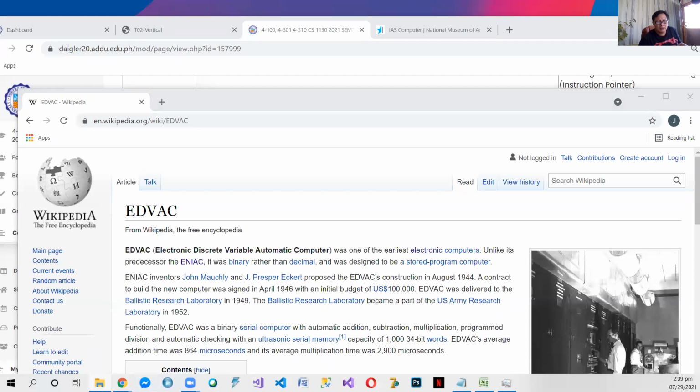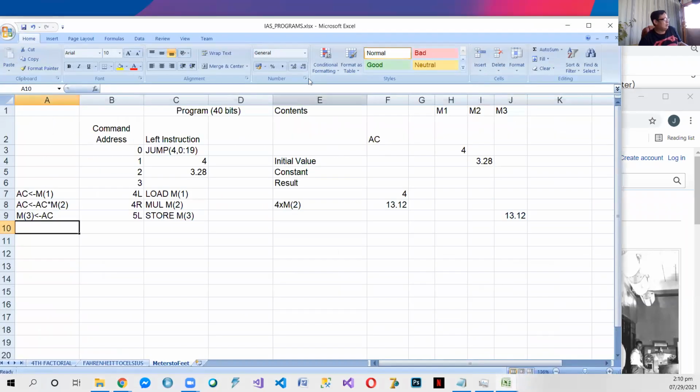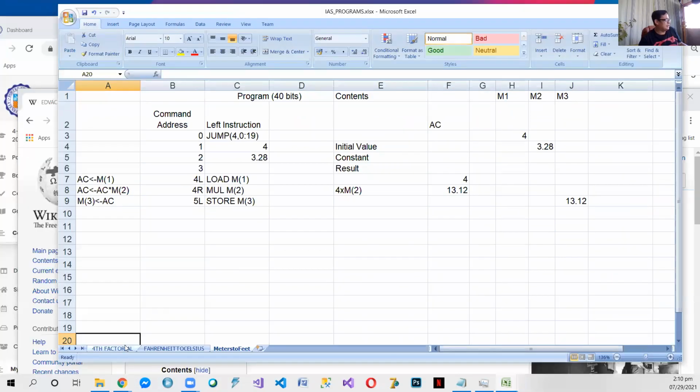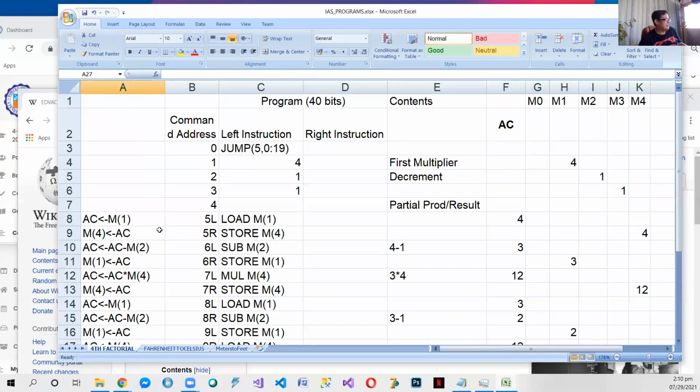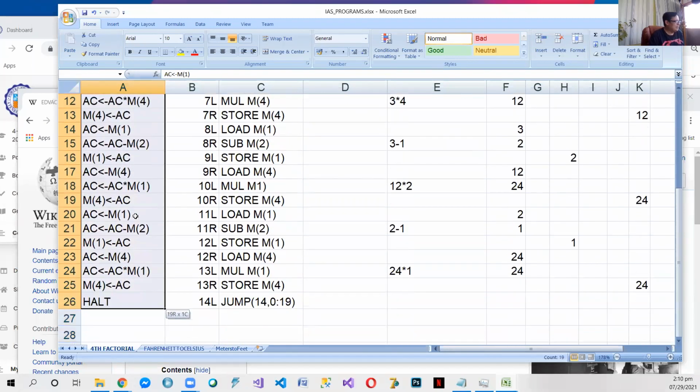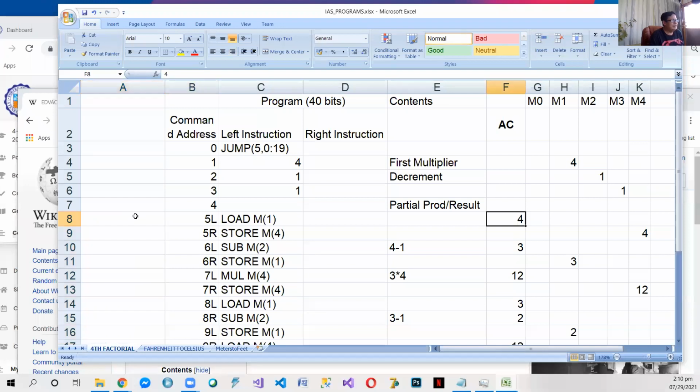IAS programs. Okay, first, the fourth factorial, which we discussed earlier. Let me just erase everything first.